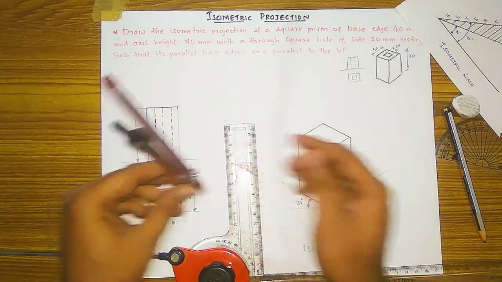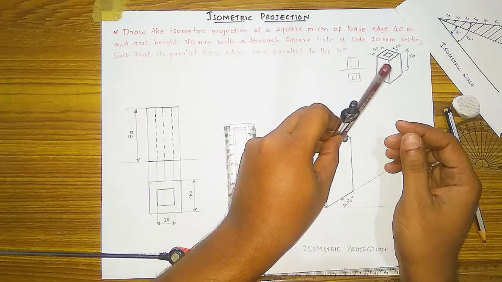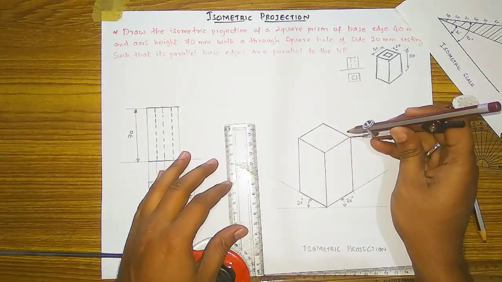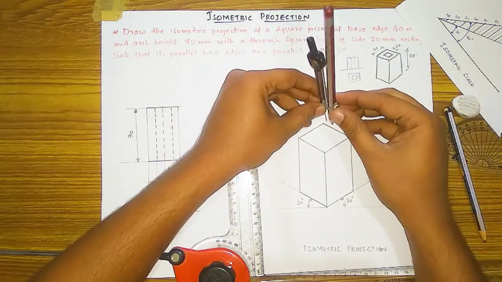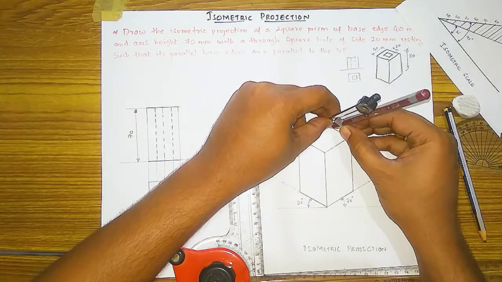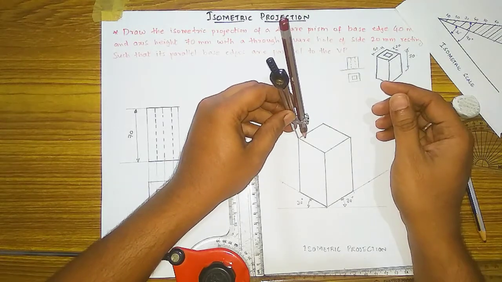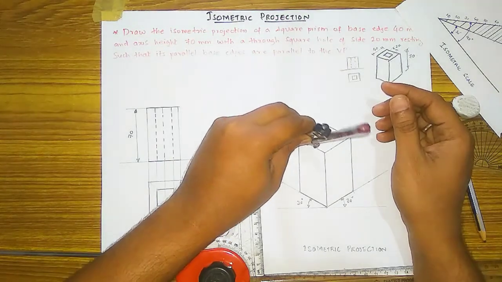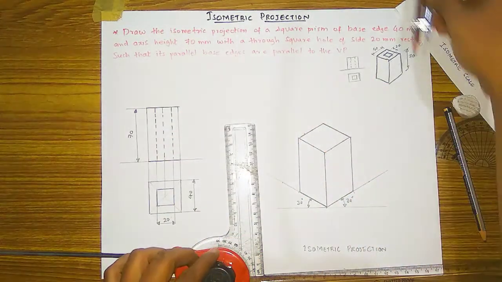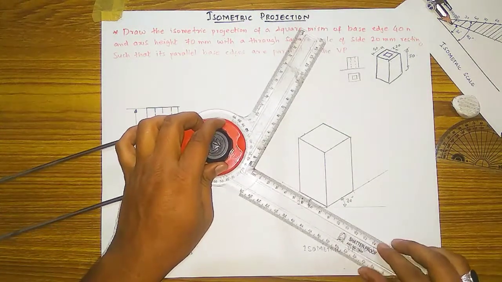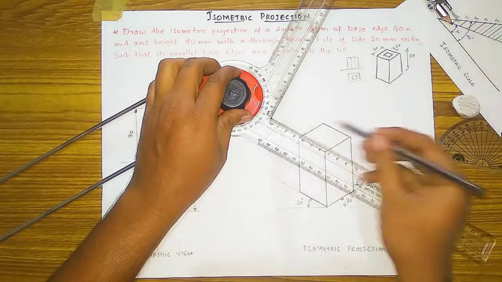Adjusting it on the divider and taking an arc like this, and then here also. Then after taking that, adjust your mini drafter with the 30-degree angle line, and from those arcs you have made, draw a line.